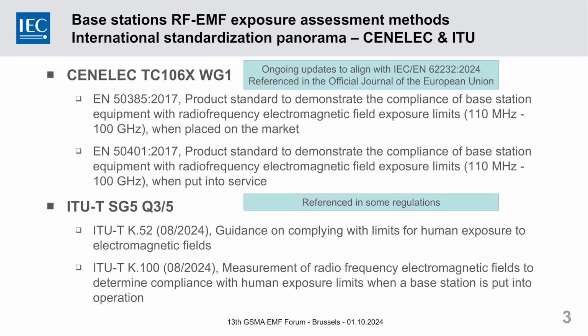As we discussed briefly in the beginning, IEC 62232 is really the baseline and the best reference that is used worldwide. It's implemented in CENELEC standards for compliance with the RED directive: EN 50385 is the standard for CE marking, so for product compliance assessment, and EN 50401 is the standard for product installation. So what happens when an operator puts the base station into operation?